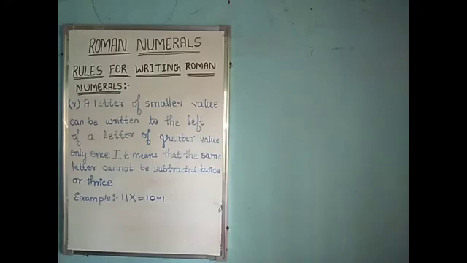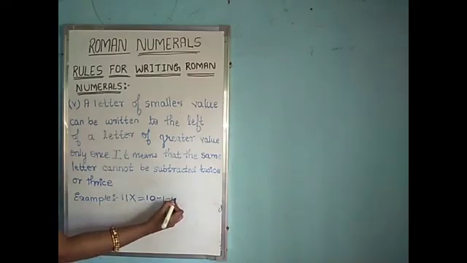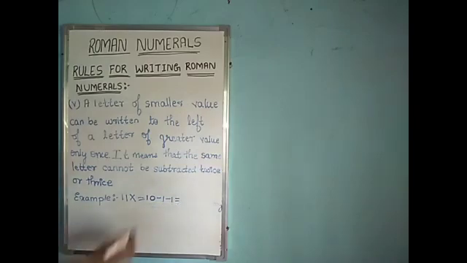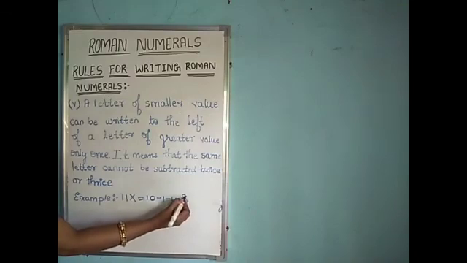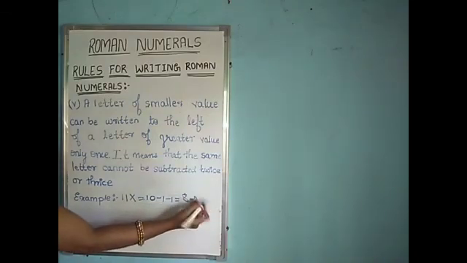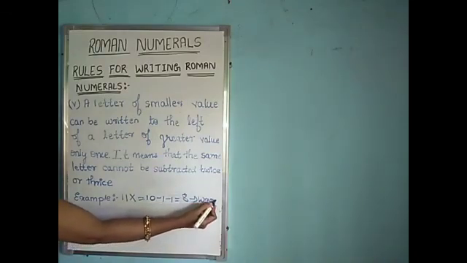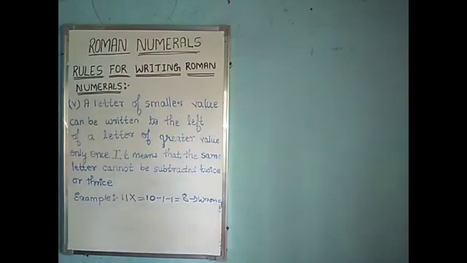So again we have to subtract 1. So what is the answer? 10 minus 1 is 9. 9 minus 1 is 8. But this is wrong. We can't write 8 as IIX in Roman numbers because same letter cannot be subtracted twice or thrice.